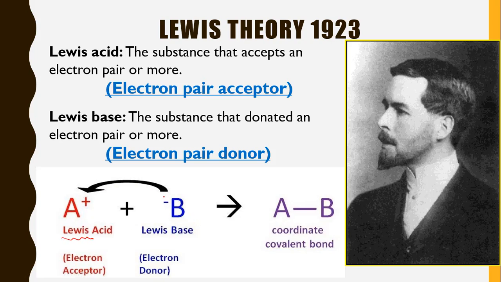While B gives electrons to A, so it is the electron donor, the one that donated the electrons, so we call it a Lewis base.